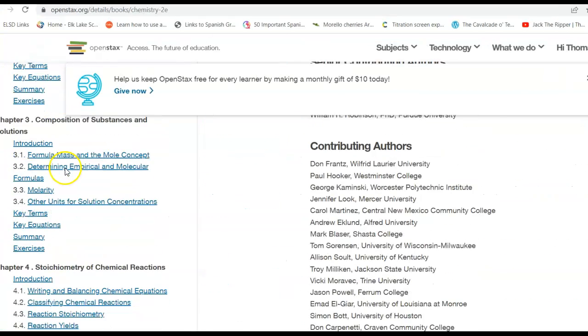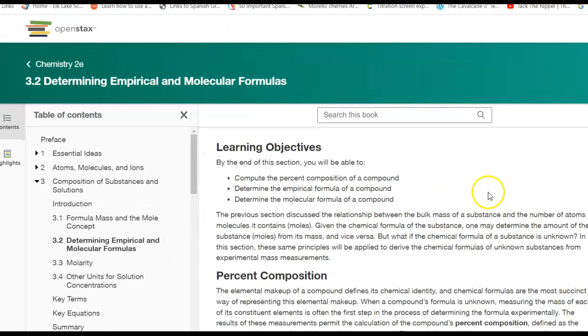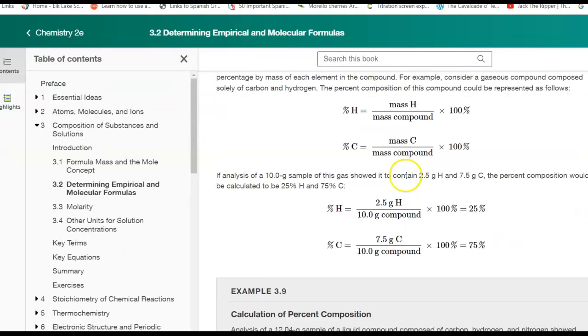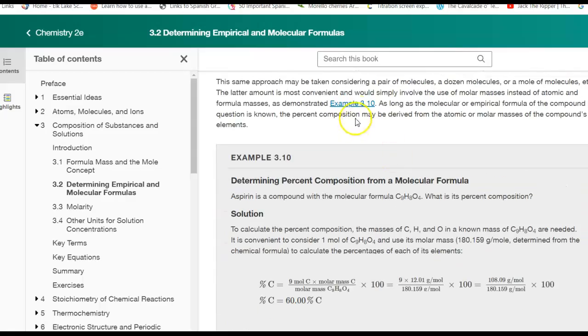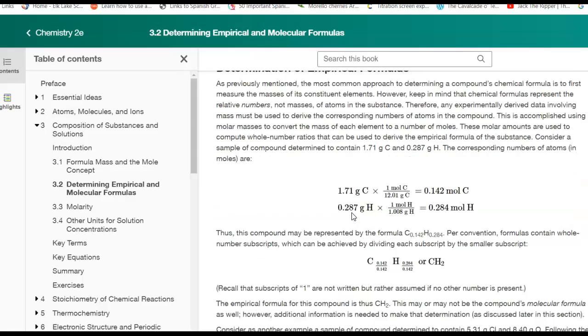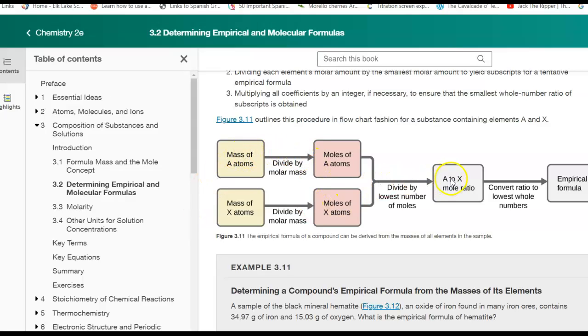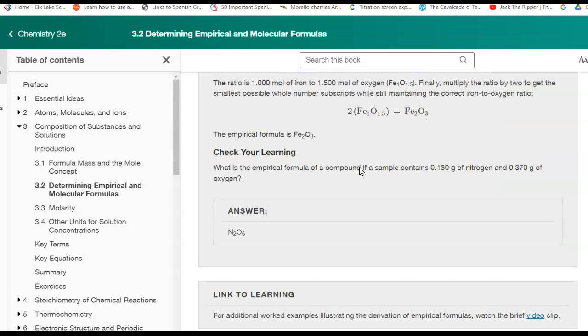If you'd like to read through, this is what I talked about. This is all percent composition, and there are some other examples here. I did a couple of the examples, but here's a little flow chart to show you how to get to where you need to go. And you can work through some of these other examples if you would like to.